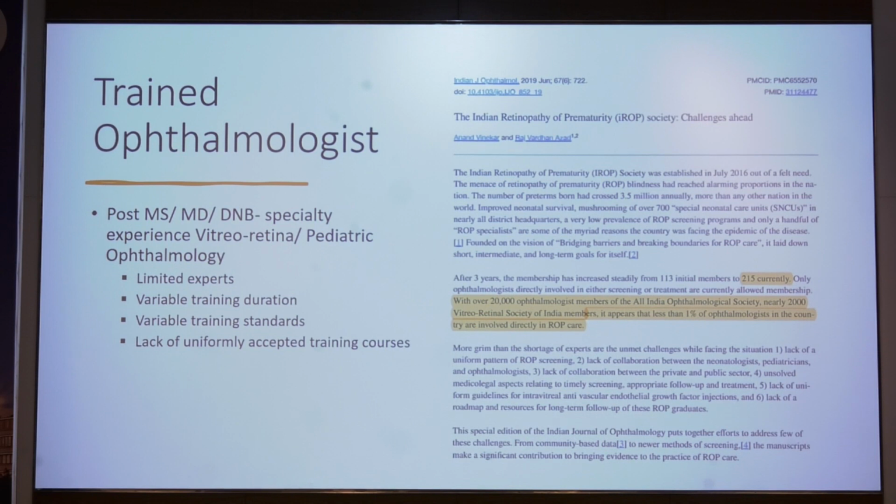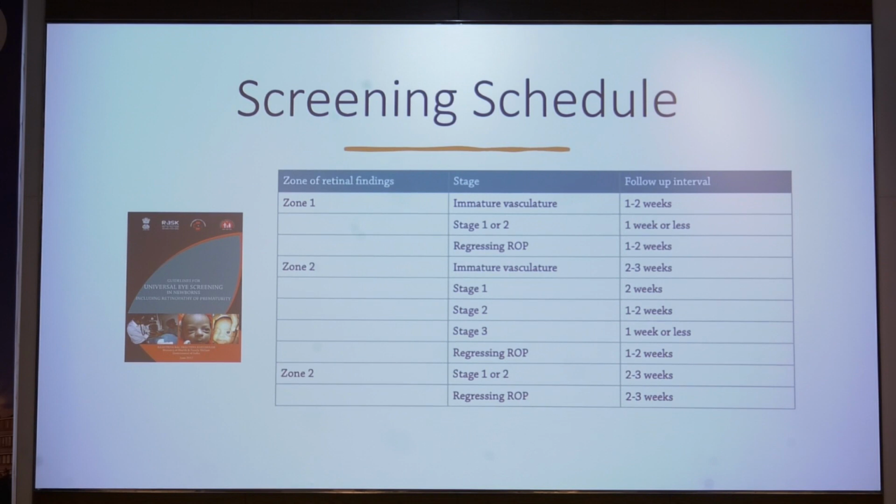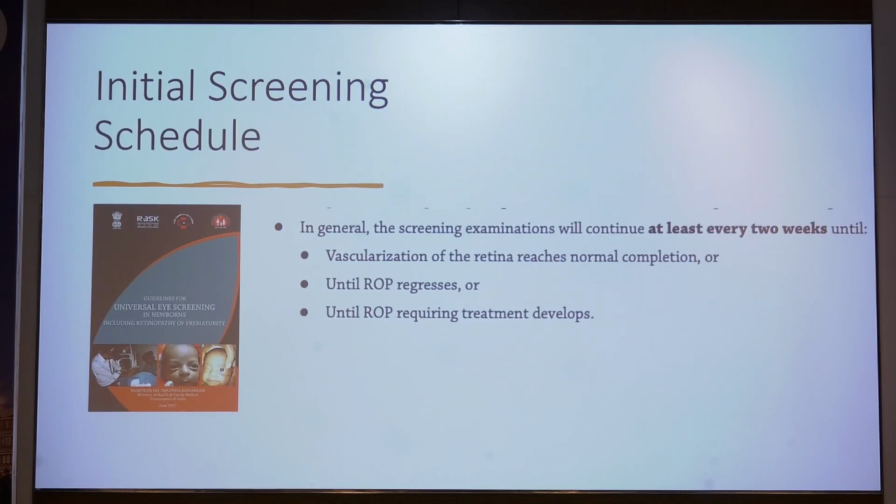That's only 1% of the total ophthalmologists in the country, and you can see the huge unmet need. And it's not a one-time job. You have to screen every 1 or 2 weeks till the vascularization of the retina is complete or the ROP regresses. Multiple screenings have to be done for those many infants by a limited number of trained ophthalmologists.